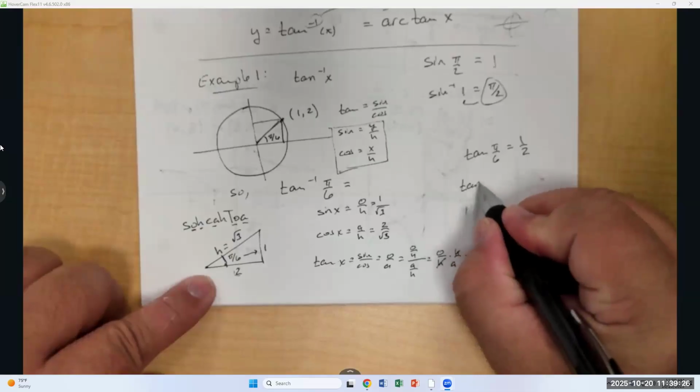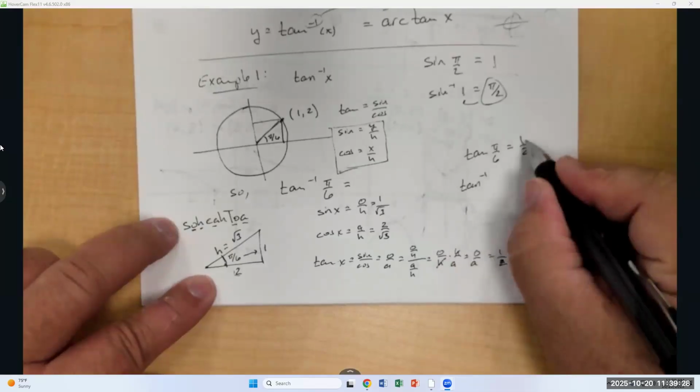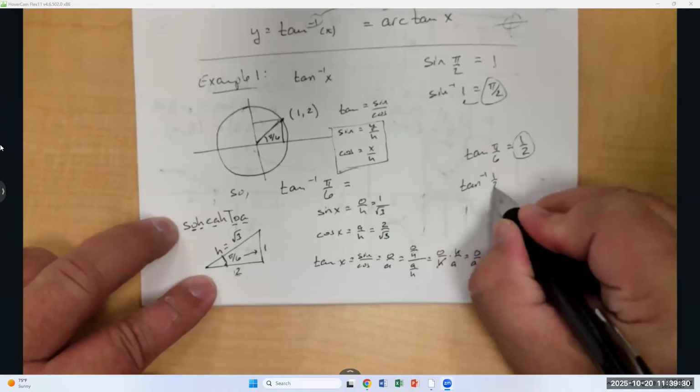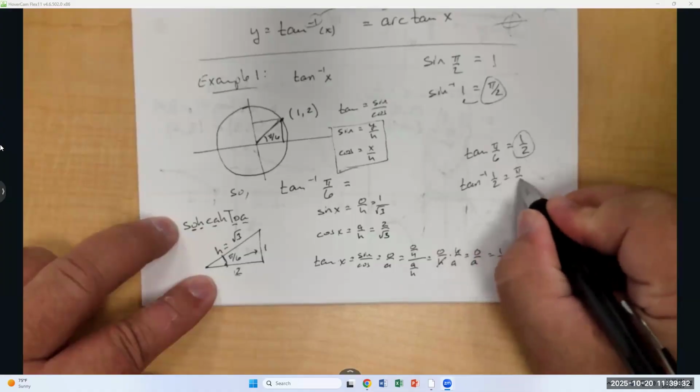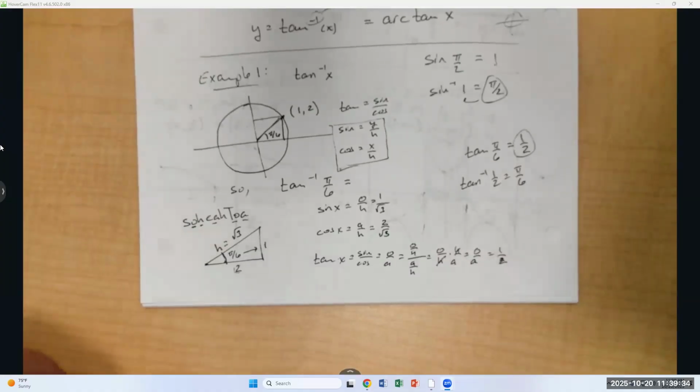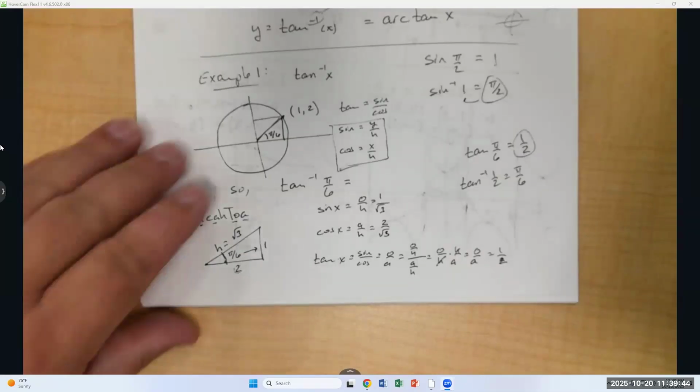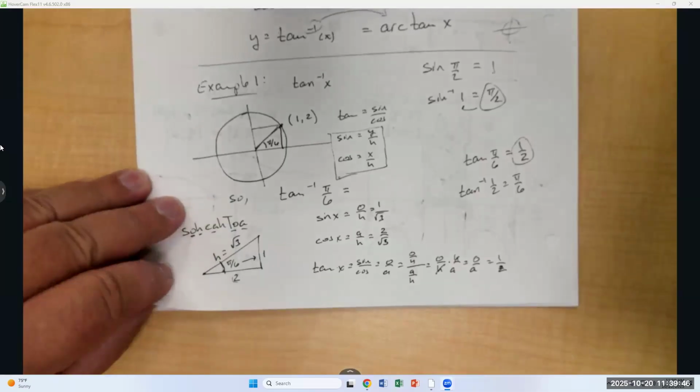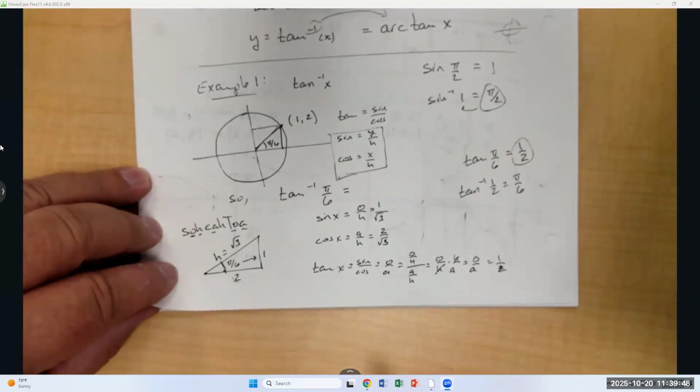Therefore, the inverse tangent of the y value of 1/2 is pi over 6. So the hardest part about using these is you have to think backwards. Let's take another one.